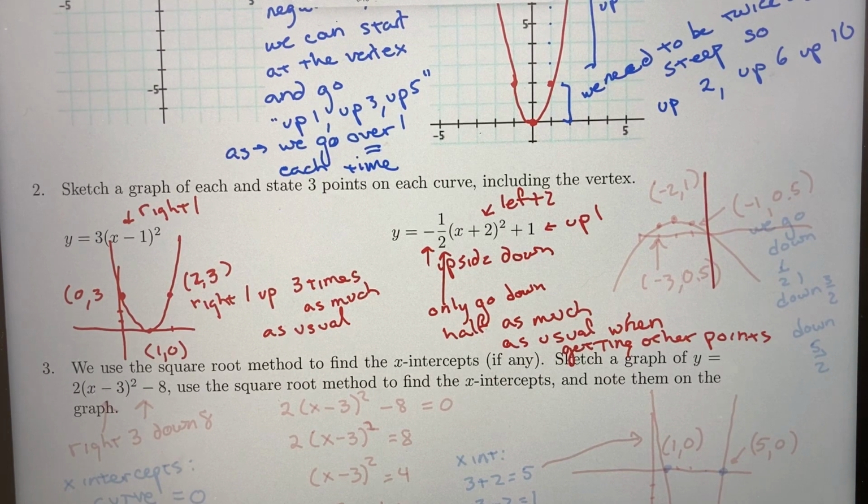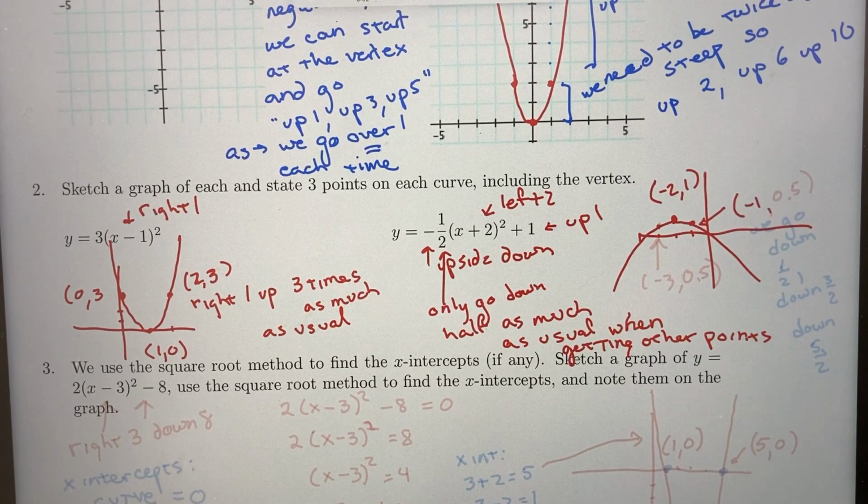So the vertex doesn't care about the multiplication at all. Left 2, up 1. That's fine. But we'll only go half as far down when we go over 1. So left 1 only down half as much. Instead of down 1, down 3, down 5, we're going to go down 1/2, down 3 halves, down 5 halves.